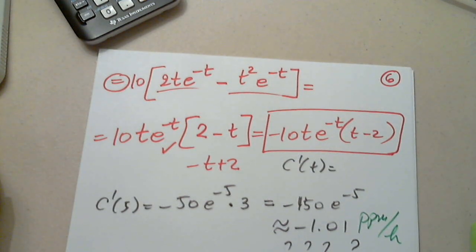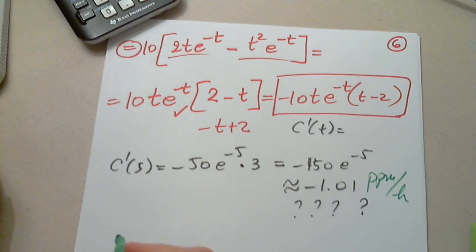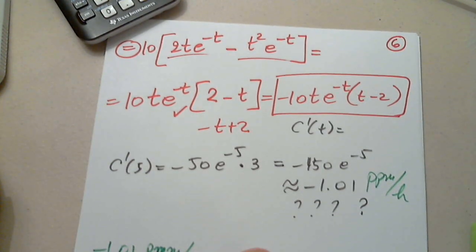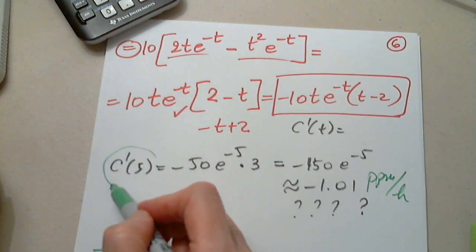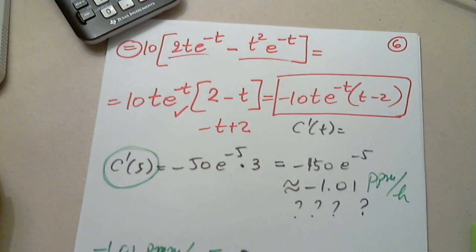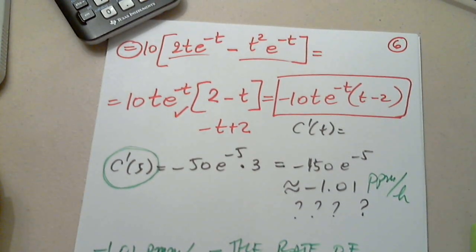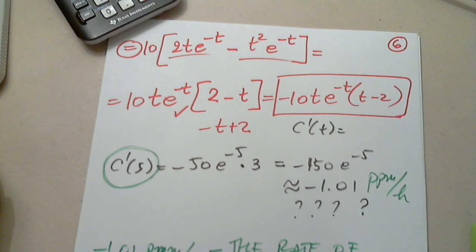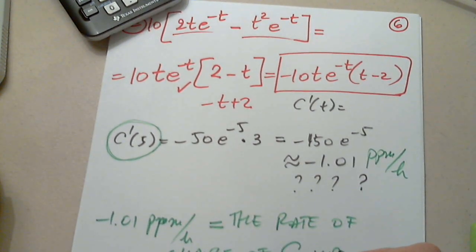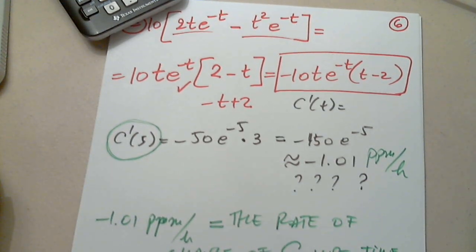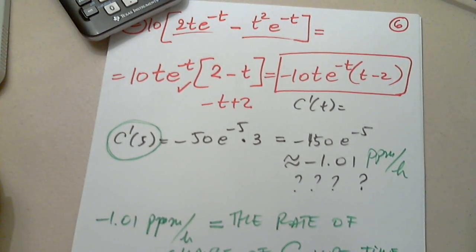Okay, what does it represent? The negative 1.01 ppm per hour. What does it represent? What is the definition of this? Would it be the rate of change? Yes, the rate of change of concentration with respect to time when t equals 5 hours.